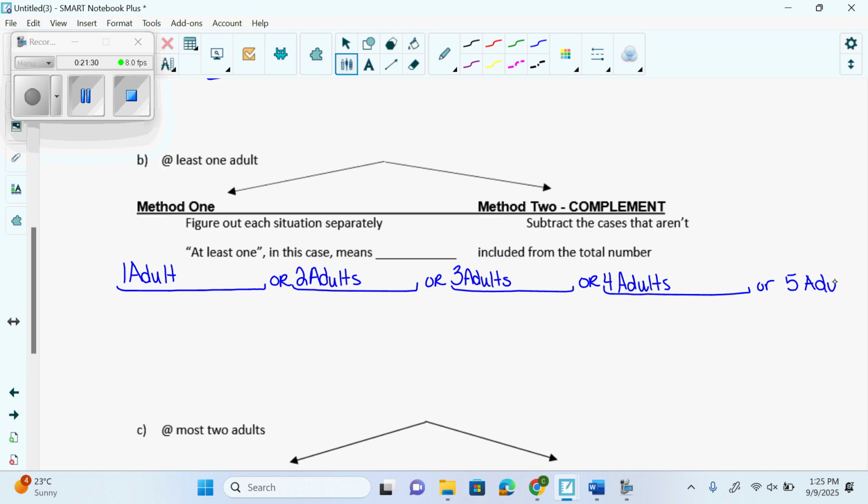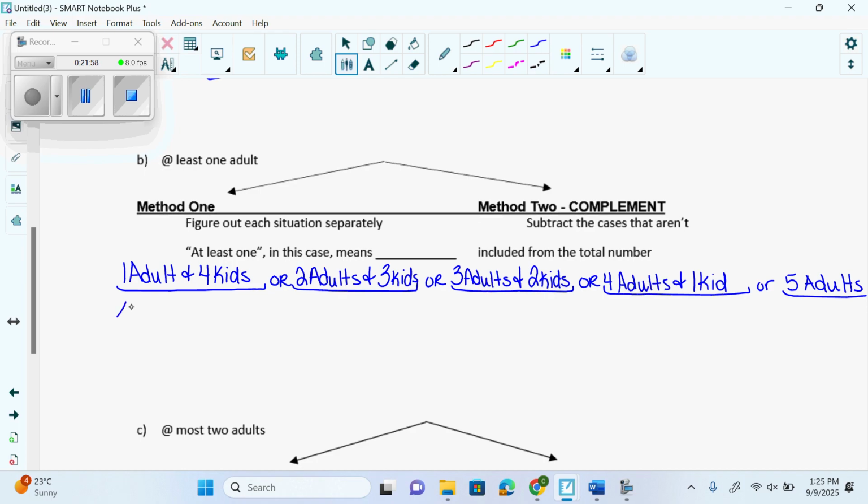Then each of these cases has to have 5 in it, right? So this one would need 4 kids, and 3 kids, and 2 kids, and 1 kid. There are 12 adults and 18 kids, so we're going to start.